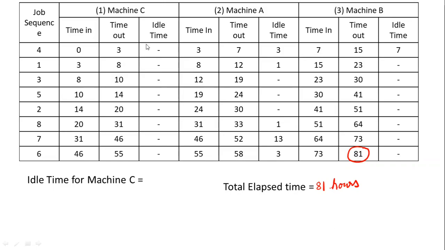First we'll start with this particular mission. Here you can find there is no idle time at all. No idle time doesn't mean that it has zero idle time. You have to compare this 55 and the 81 over here. The entire process will be completed in the 81st hour, whereas mission C completes its entire work in the 55th hour itself.